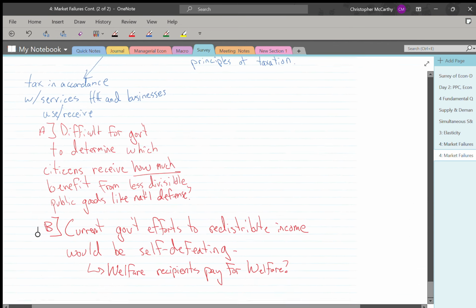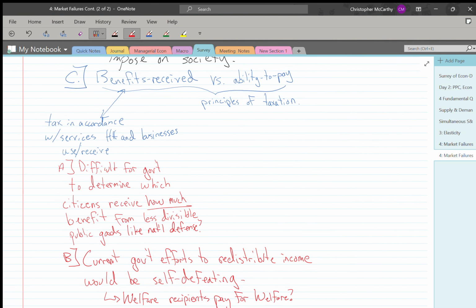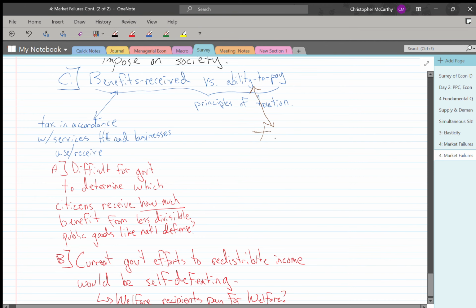So compare this to our ability to pay notion of taxation, which states that the tax burden should rest more heavily on those with greater income and wealth.